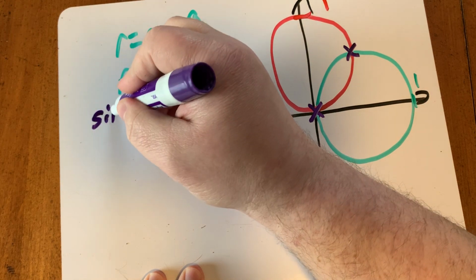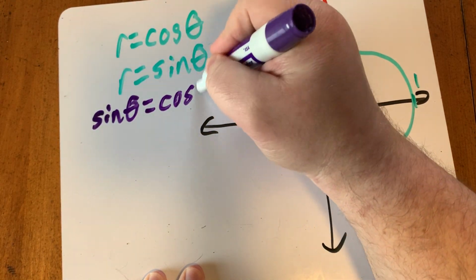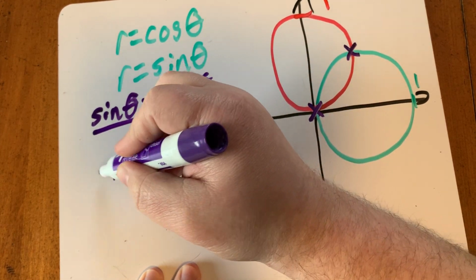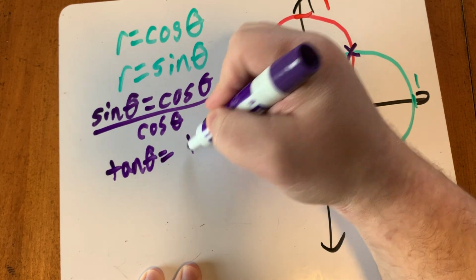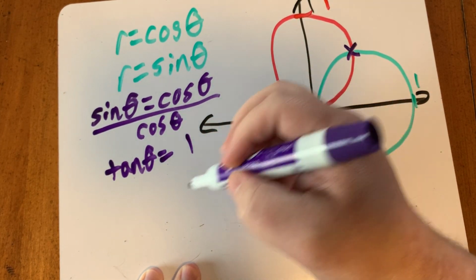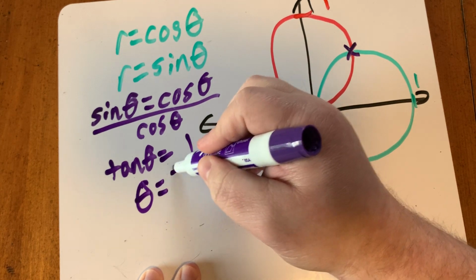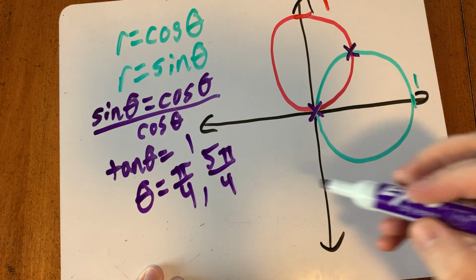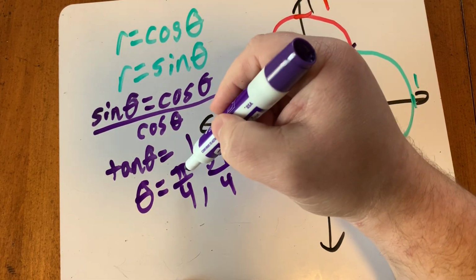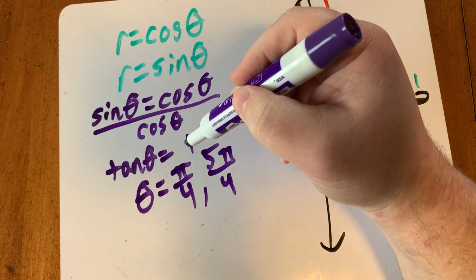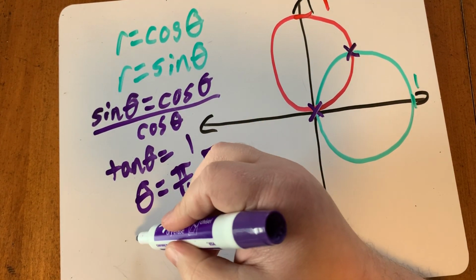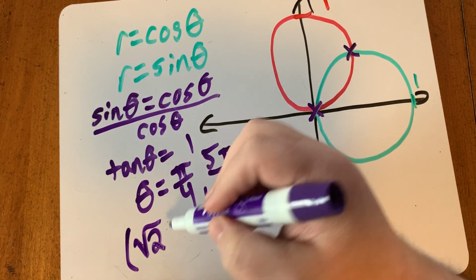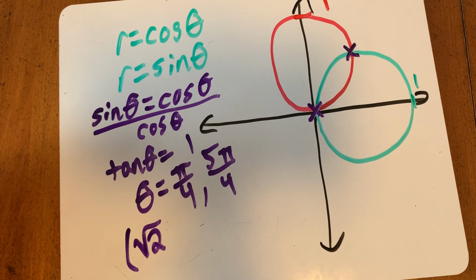So we can do sine of theta equals cosine of theta. Divide both sides by cosine of theta. So tangent of theta equals 1. Well, the values where tangent of theta equals 1 are at pi over 4 and 5 pi over 4. And cosine of pi over 4 is root 2 over 2, not just root 2, sorry.